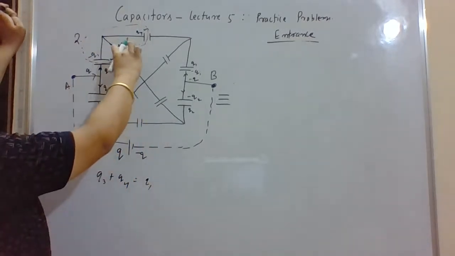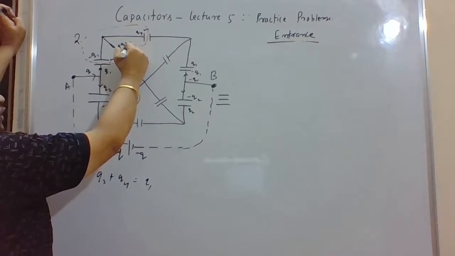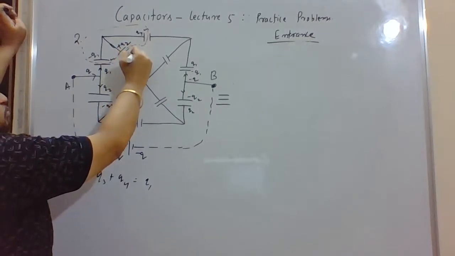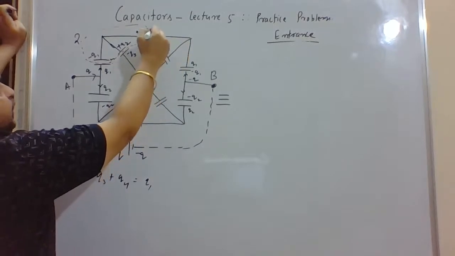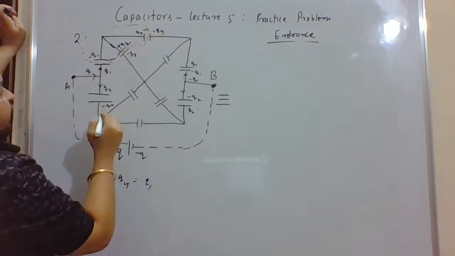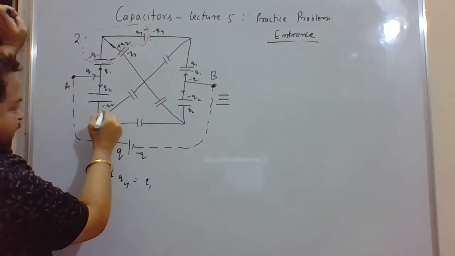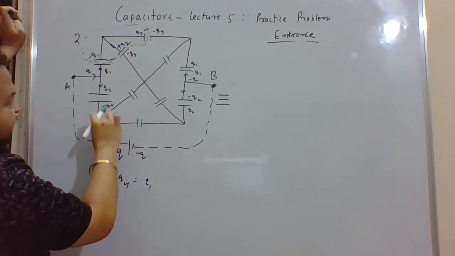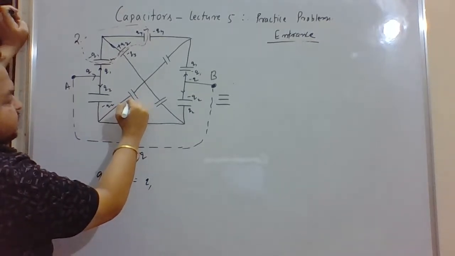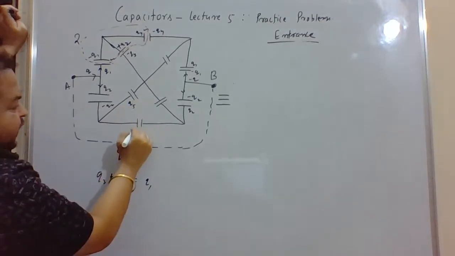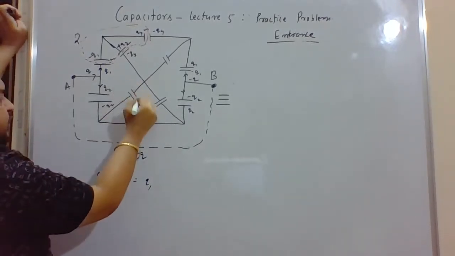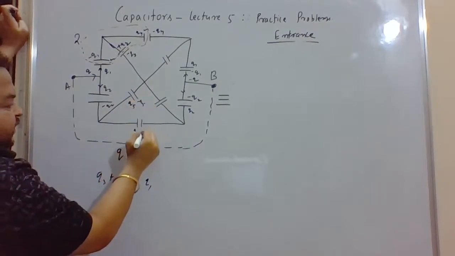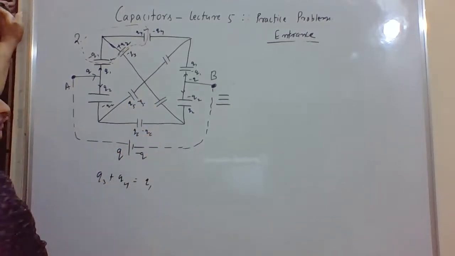Now, if the charge here is plus Q3, obviously here it will be minus Q3, and here it will be minus Q4. And since this is minus Q2, suppose here it is Q5 and Q6. If this is Q5 and Q6, here it will be minus Q5 and here minus Q6.